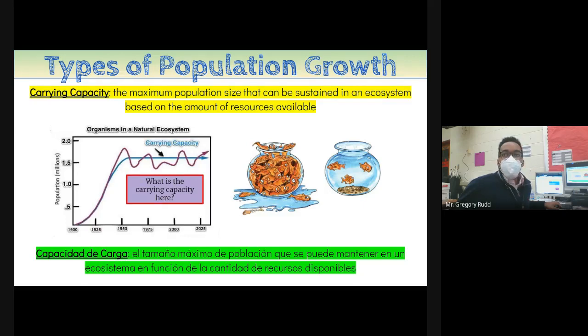So if we're looking at this graph, Gloria, I haven't heard from you. I see you've been taking notes though. What does it look like the carrying capacity is for this environment? How many organisms?